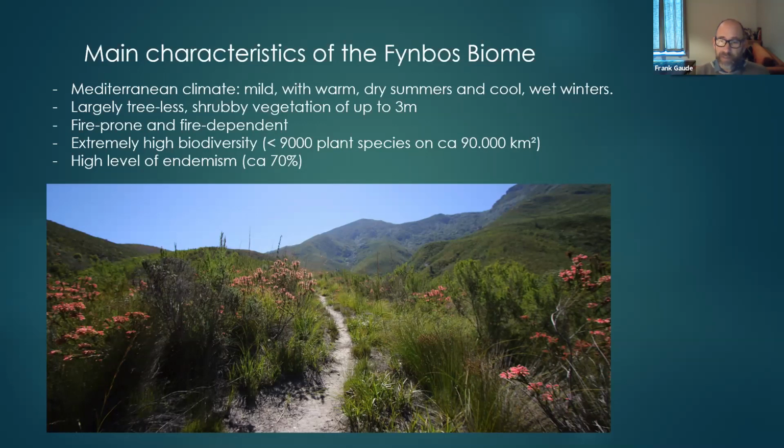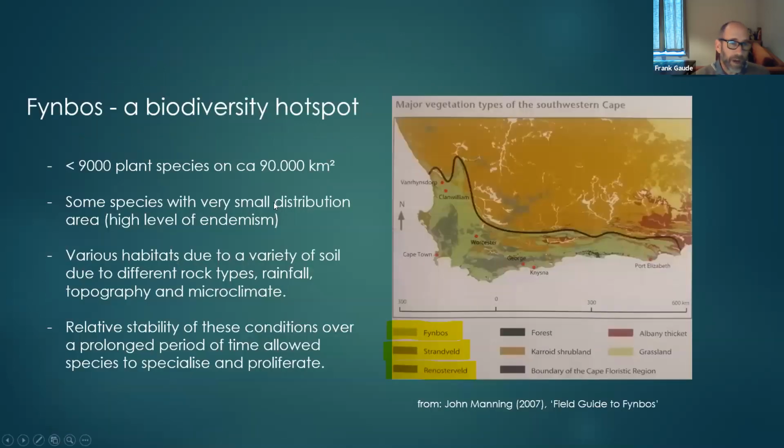So what is very special about fynbos is its biodiversity. We have more or less 9,000 plant species in the fynbos biome, which is fairly high, and about 70% of those species don't occur anywhere else. So how come it's so diverse?